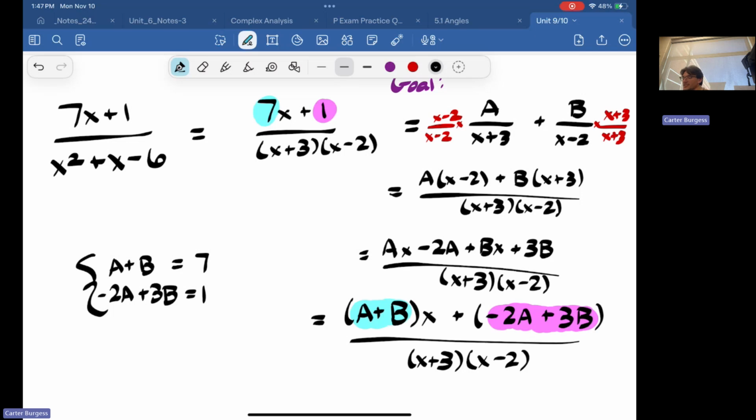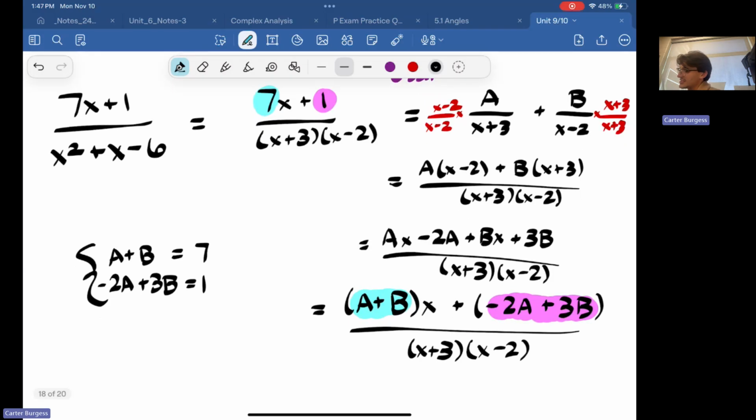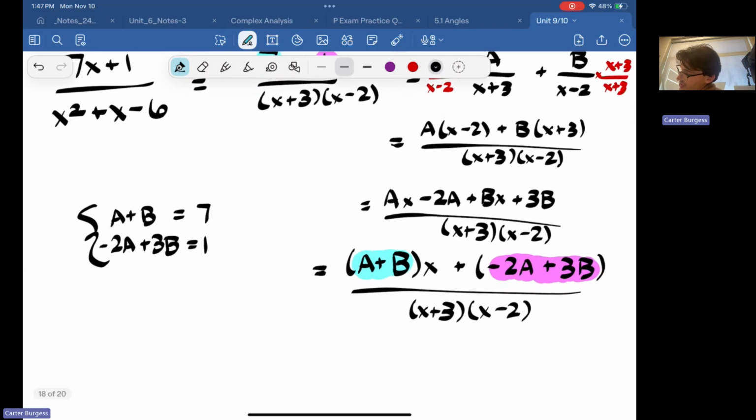How would you guys solve this system? We could do substitution, certainly. Could subtract b from both sides and then plug in. We could also do elimination if we multiplied the top line by 2 and then added the 2 lines. That would also work. Since we suggested substitution first, I'll do substitution first.